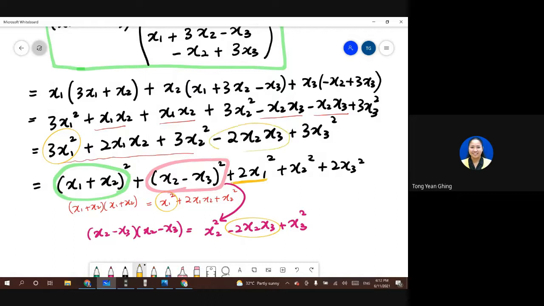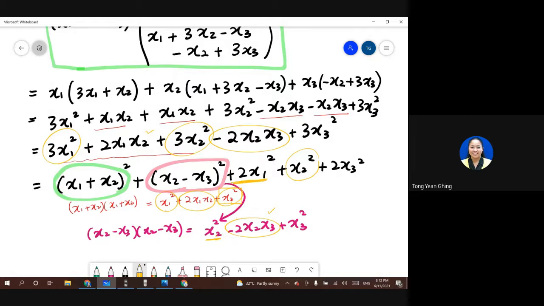Okay, this is done. Okay, this is done. Okay, same as this one. This one also okay, already done. But here, just now, this one we lack 2. We need another 2x1 square. And here we have 1x1 square, x2 square. And here we have another one, x2 square. So here already got 2. But here we have total 3. So that's why I add another one, x2 square.